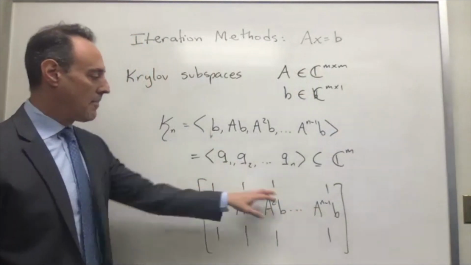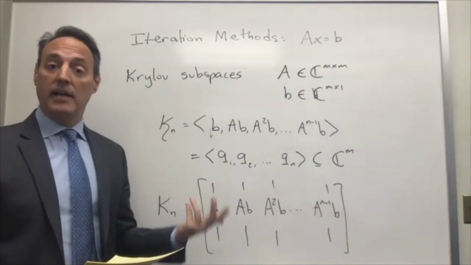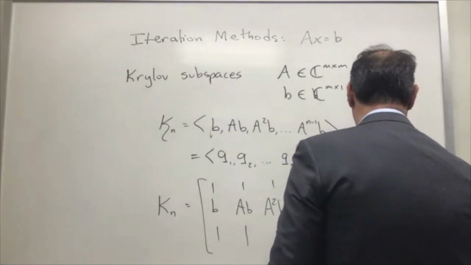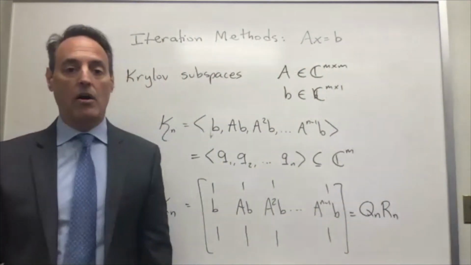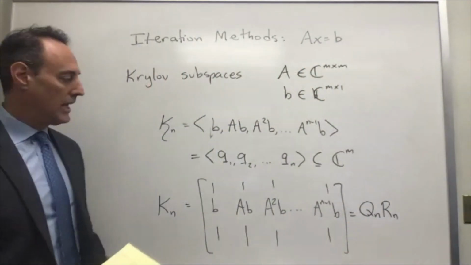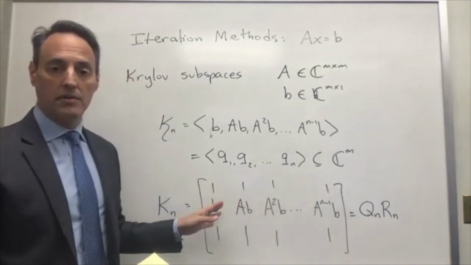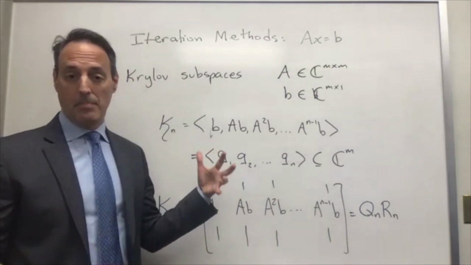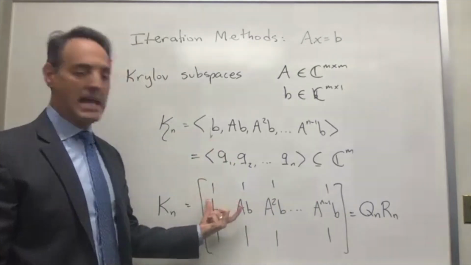But by the way, for a matrix such as this, I could in fact do a QR decomposition. So this thing here can be decomposed into Q_n R_n. Okay, so notice that n is telling me how many of the columns I want, right? And remember that A is an m by m matrix, and this is m by n.